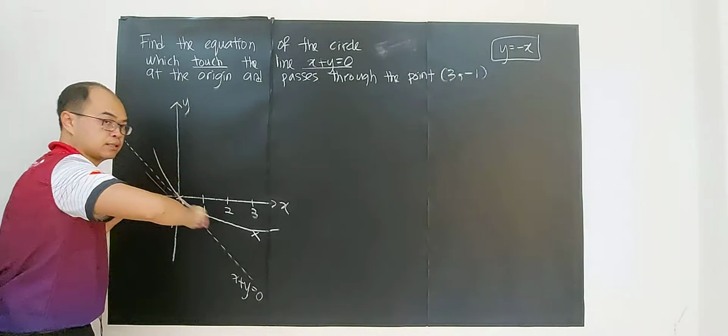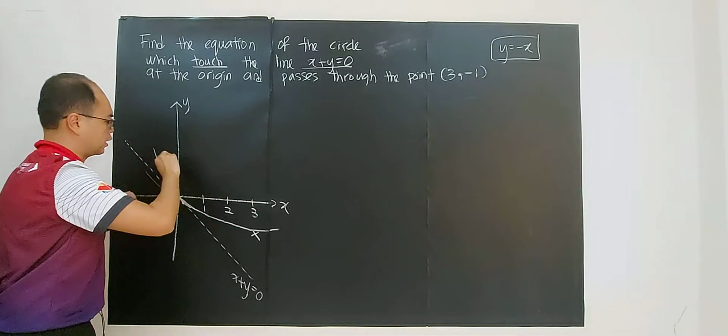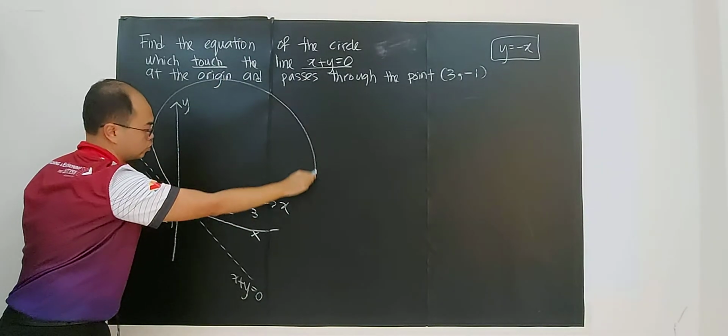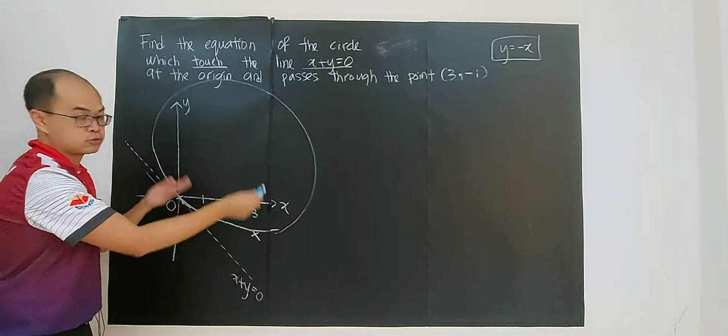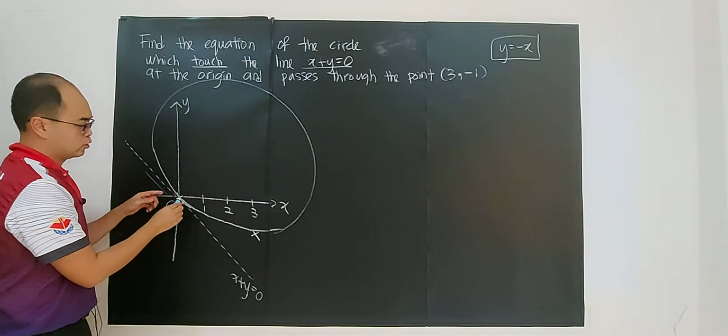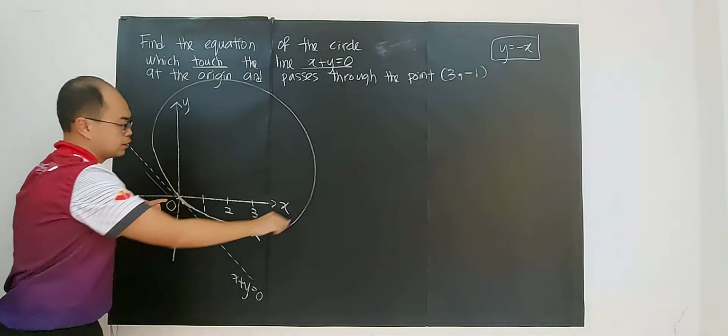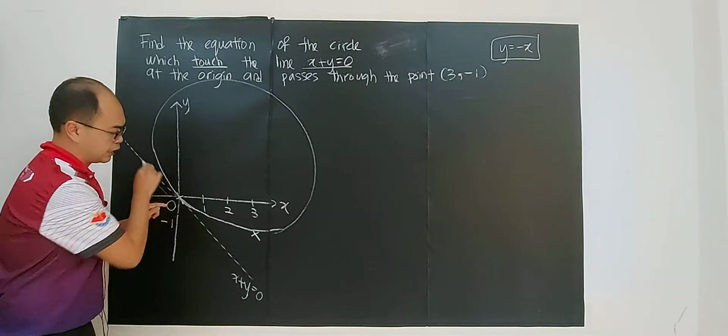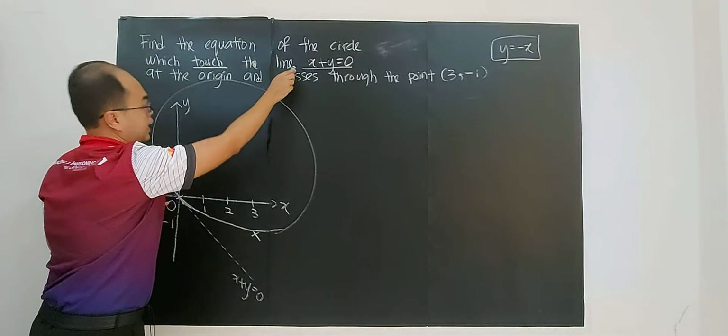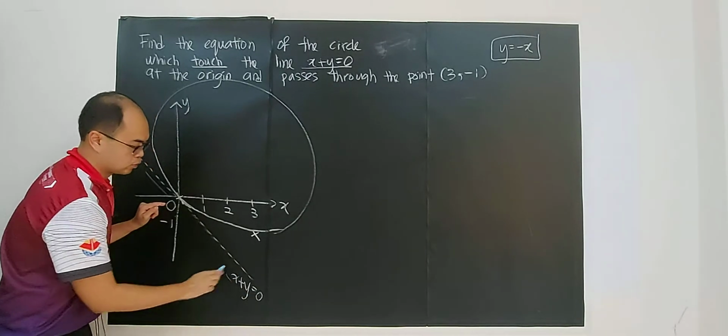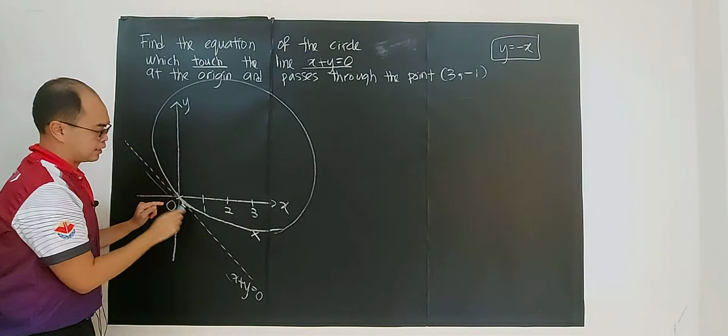So I'm not going to draw it all; I know that there is a circle here. This is just for illustration, it's not accurate. This circle touches the line x plus y equals 0, or y equals -x, at the origin.